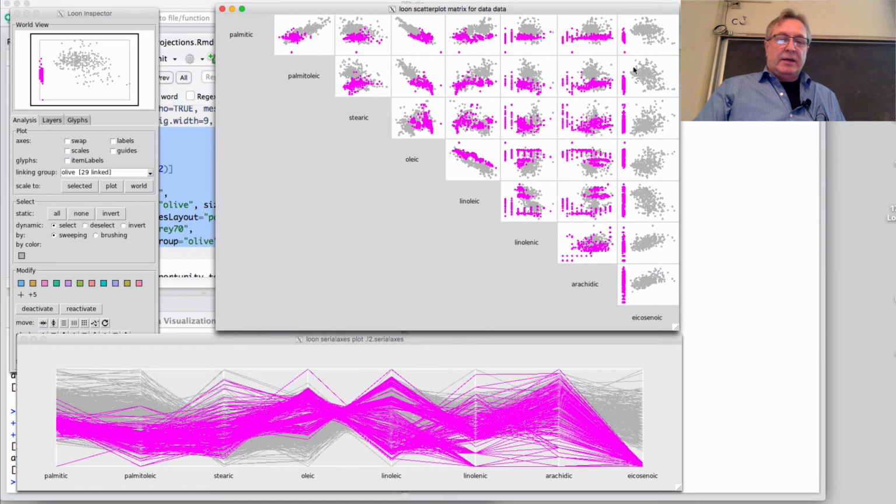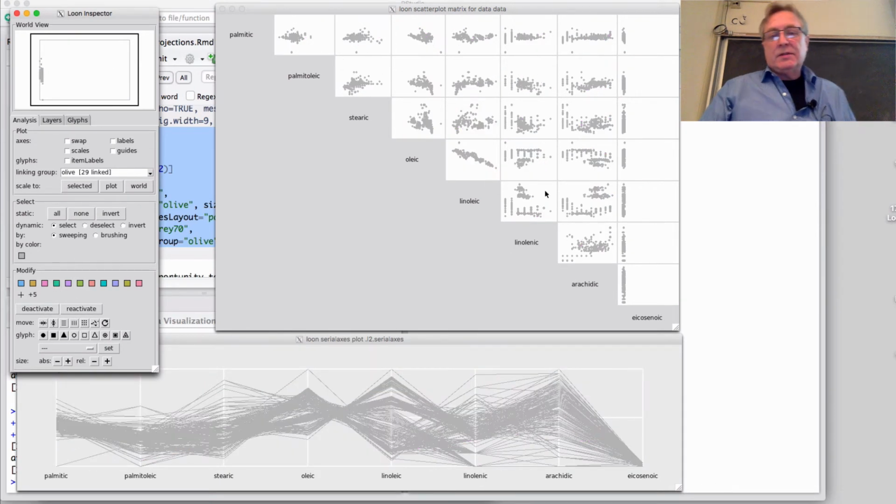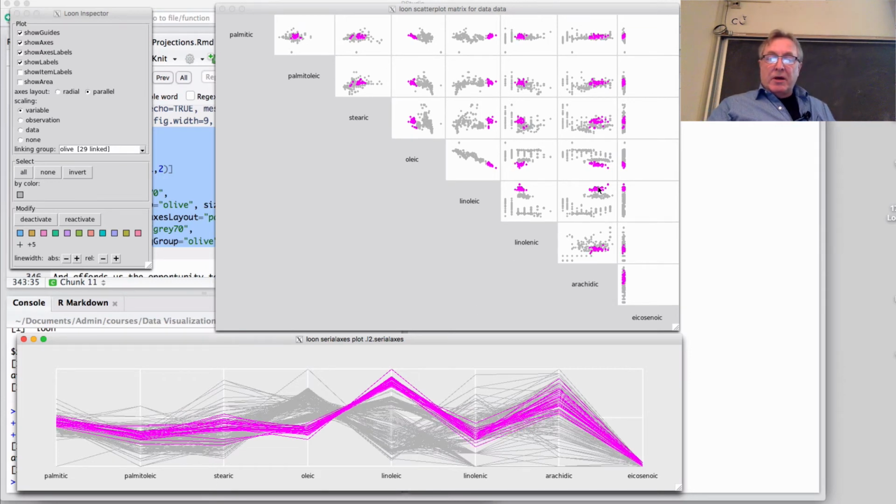Which again, I might cut that away, or I might have that one kept, invert, and deactivate the rest. And again, you start using this pairs plot, and you're seeing a little more structure in some of these two-dimensional scatter plots that are perhaps a little hard to tell here. So where's that? And that seems to be picking off this one group that's separating in a few of these scatter plots.